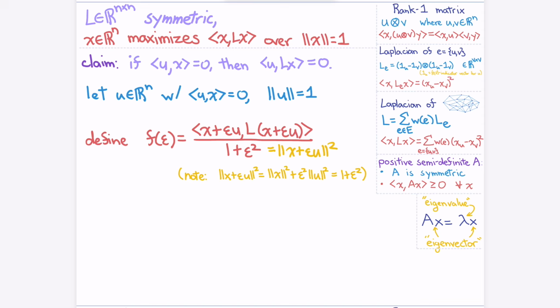So if x is really maximizing this x^T L x over unit vectors, what should maximize f?